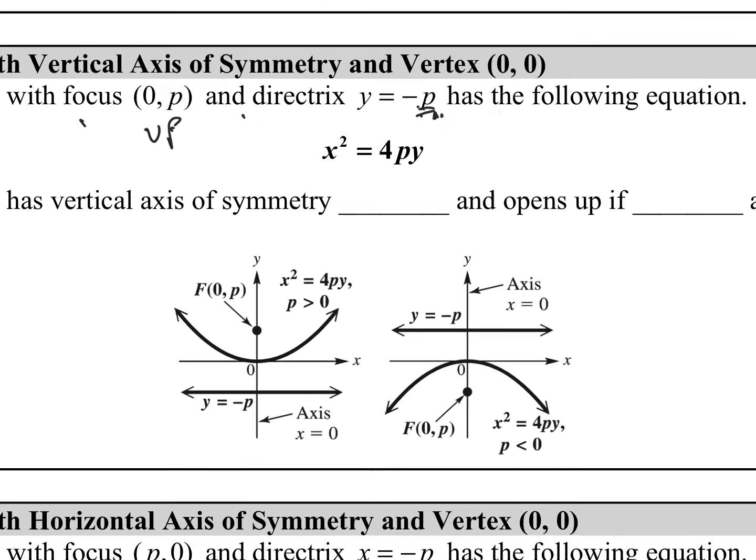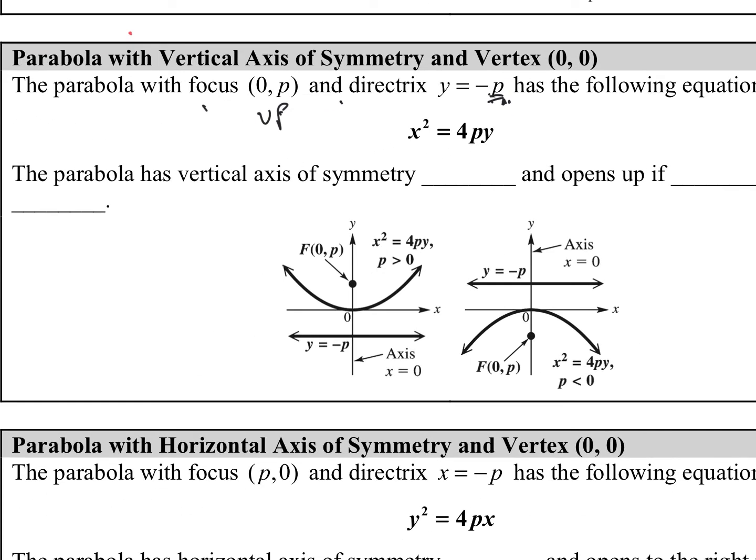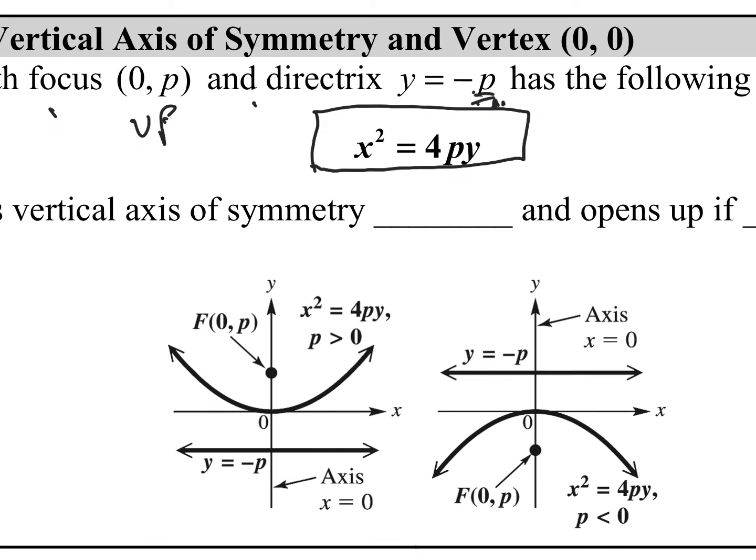So knowing that, this is your generic formula for the conic section of a parabola. Think of it as whatever is being squared is equal to 4p times the y. Now this obviously is (0, 0) as your vertex, because he told me that right here.